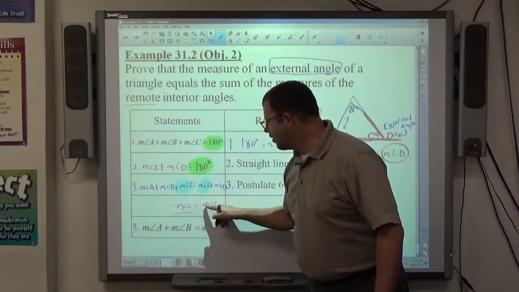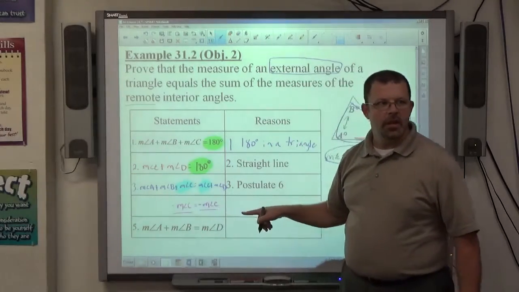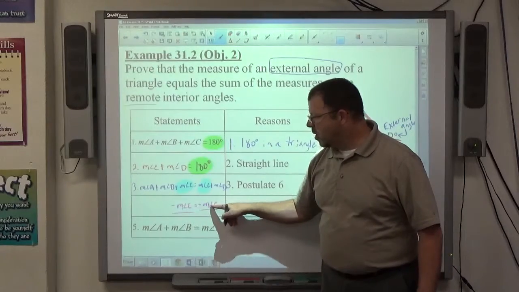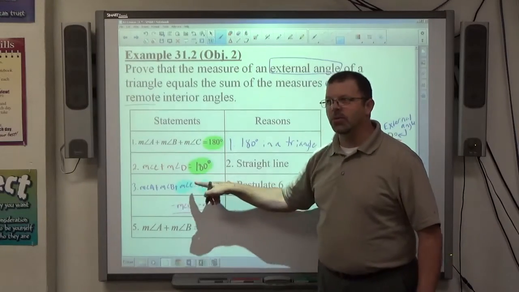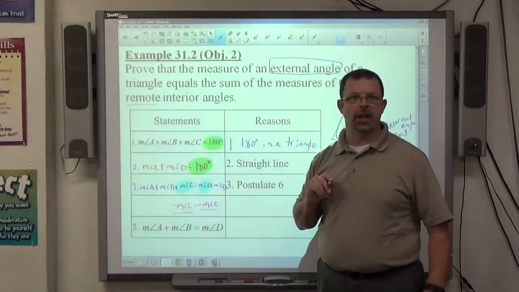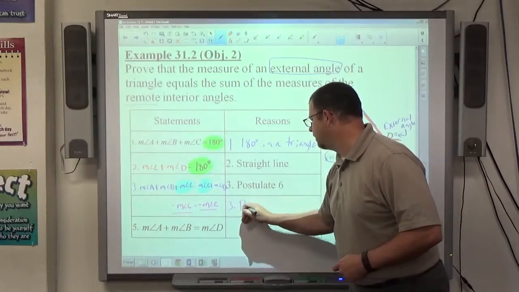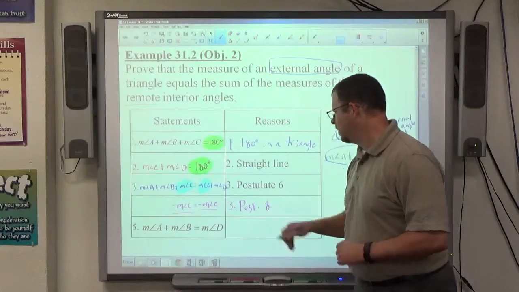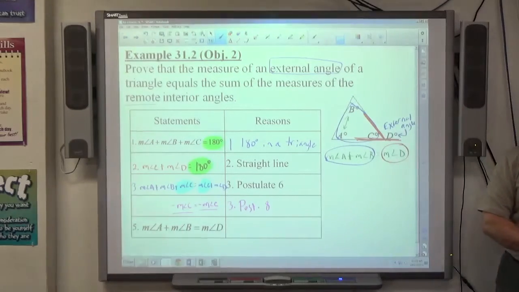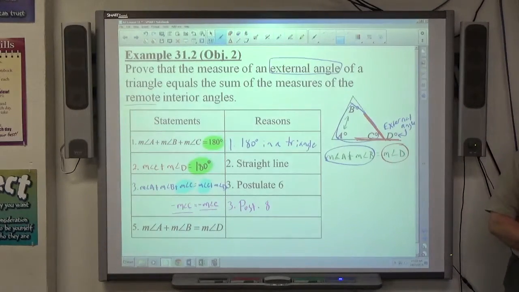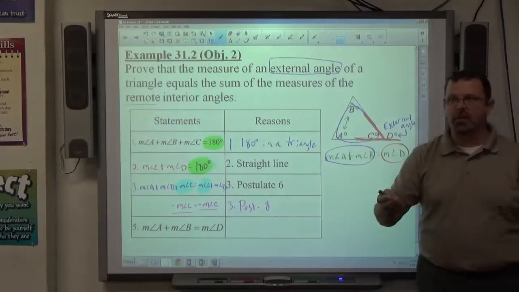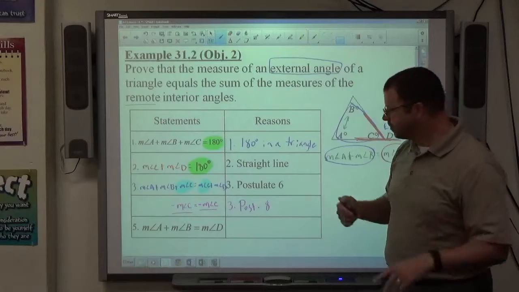Notice angle C equals angle C, right? If equals be subtracted from equals, the remainders are equal. That's the postulate, postulate 8 if you wish to know it. If you don't remember it's postulate 8, that's fine. That's the subtraction property of equality. You subtract the same amount from both sides, that's the official name of it.